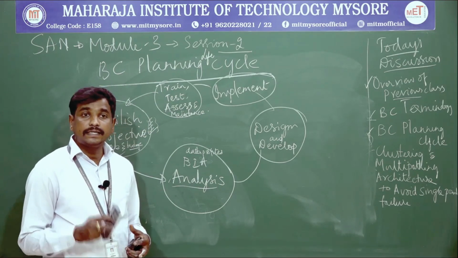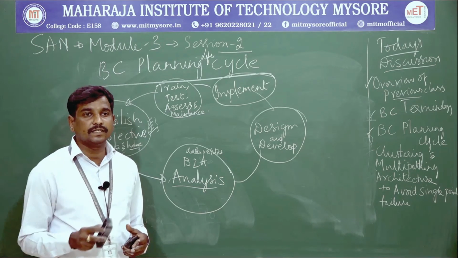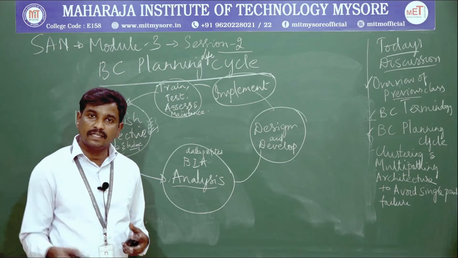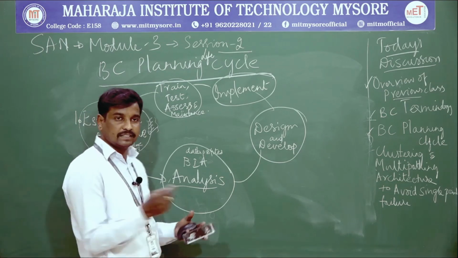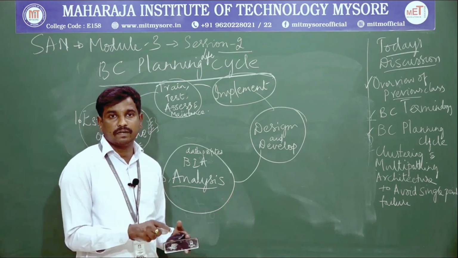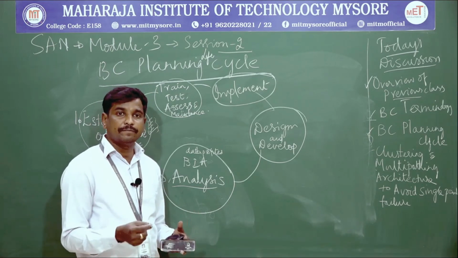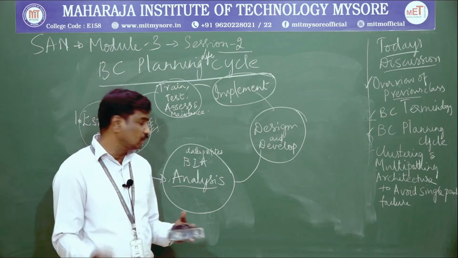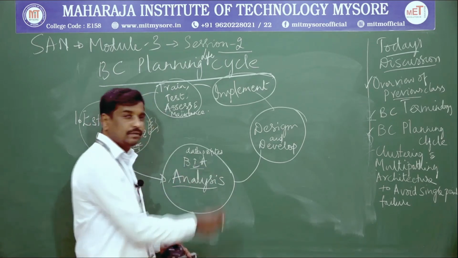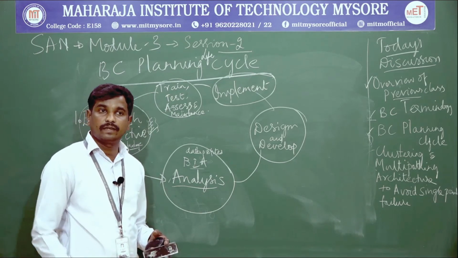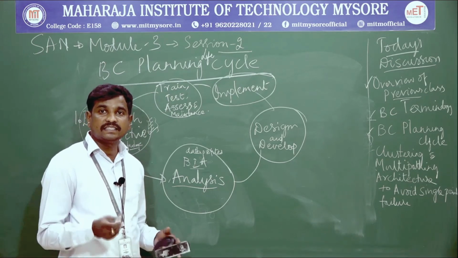They will identify the critical business processes and assign the recovery priorities. As I was saying, some special people need high-end infrastructure, so for them we need to give a higher priority. That will be done by using a business impact analysis, and it will also develop some risk analysis.